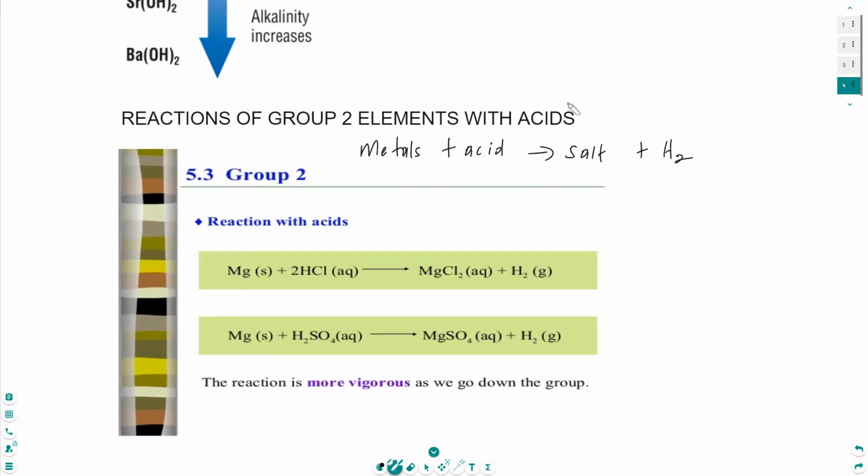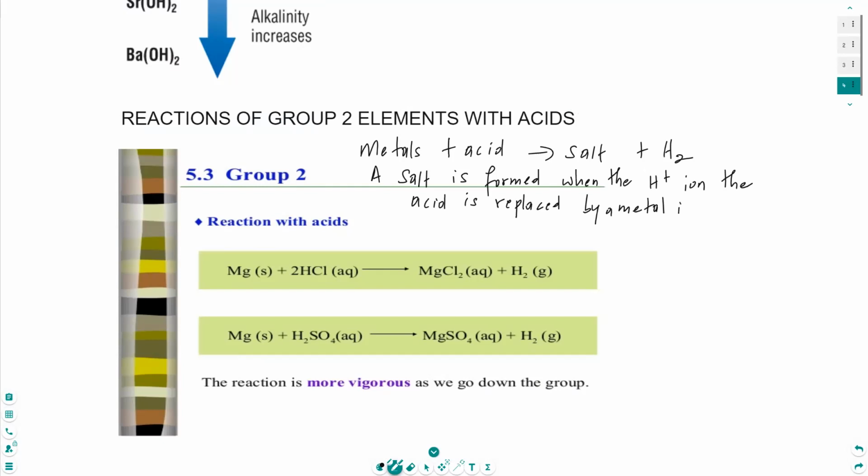And when we say a salt, I just want to remind you, a salt is formed when the hydrogen ions in the acid are replaced by metal ions or by a metal ion. It might be one metal ion, it might be two, depending on what the formula of the salt will turn out to be.